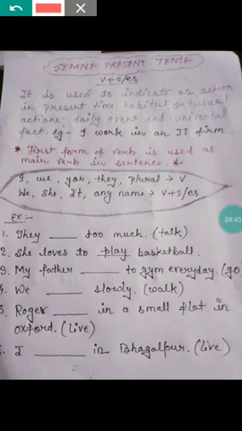Then see the third one, my father dash to gym every day. Again we have to look before the blank, and what we can see is my father. Okay, my father comes under he, definitely he. So I told you if there will be he, then what will happen? We have to use s or es with that verb, right? And the verb here is go. So what can we write?